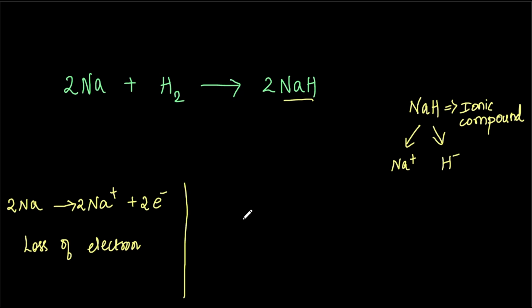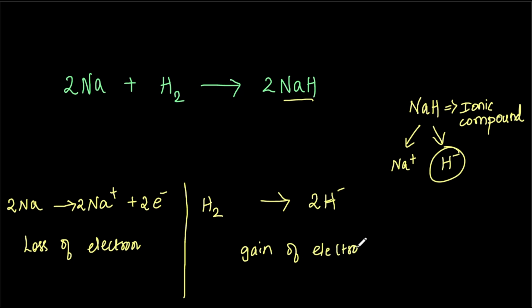Now let us see hydrogen. H2 is converted to what? H-. So first balance this equation. H2 gives 2H-. So how an atom is converted to its anion? By the gain of electron. So let us see the atomic number of hydrogen. Atomic number of hydrogen is 1.